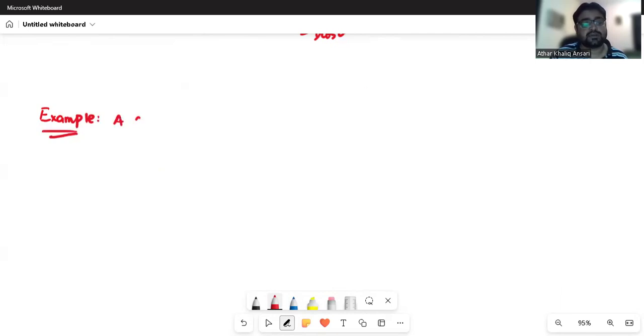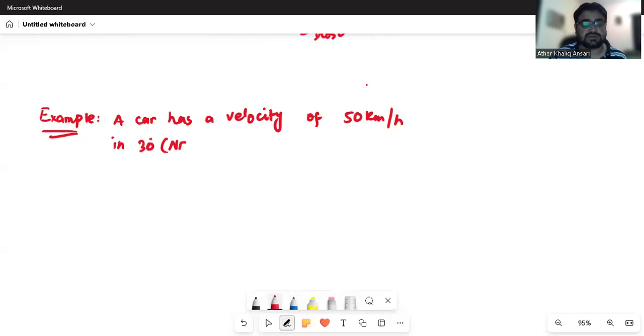A car has a velocity of 50 kilometer per hour at 30° northeast.